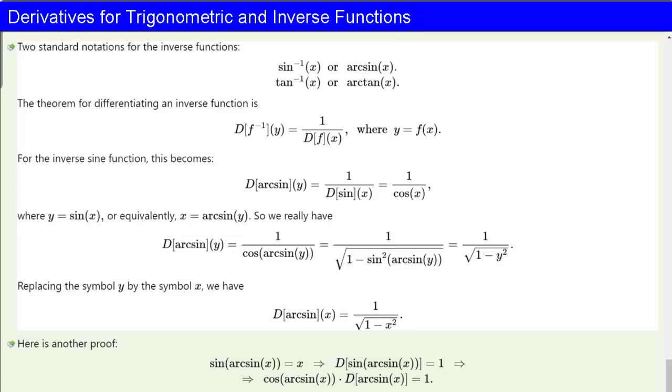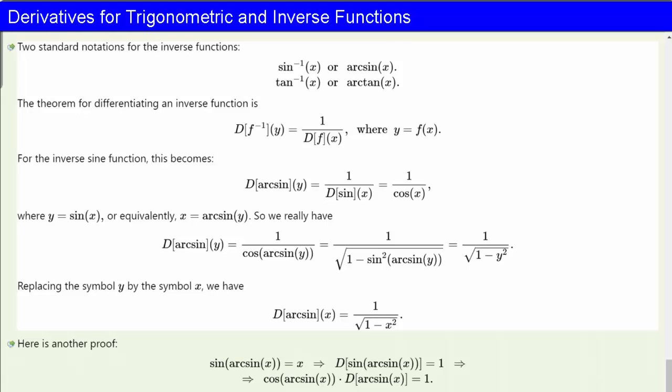The theorem for differentiating an inverse function is that the derivative of f inverse at a point y is the reciprocal of the derivative of the function at the point x, where y and x are connected by the fact that y is f of x.